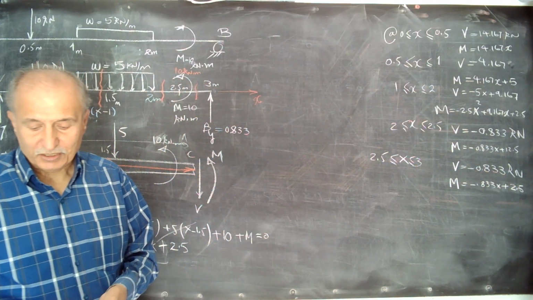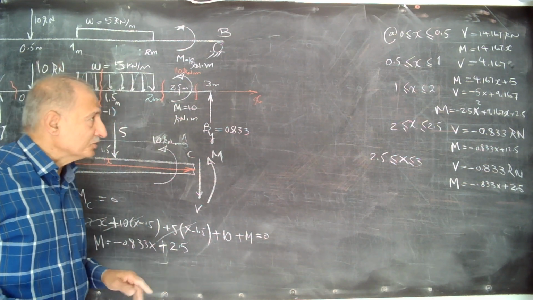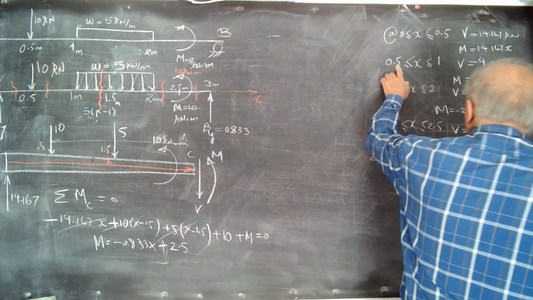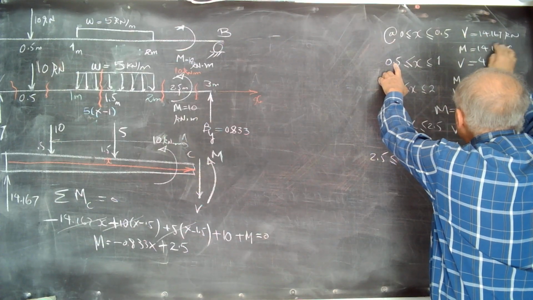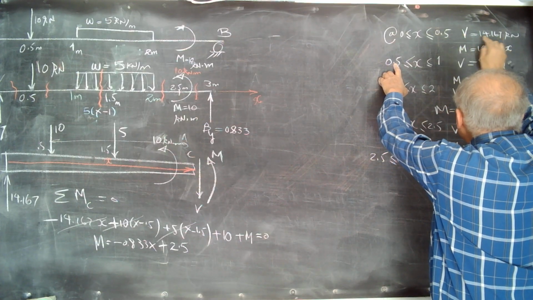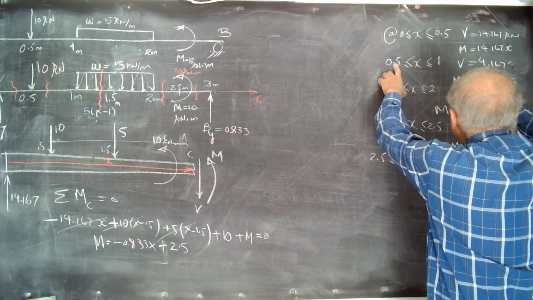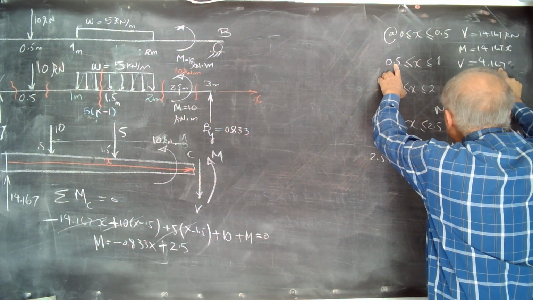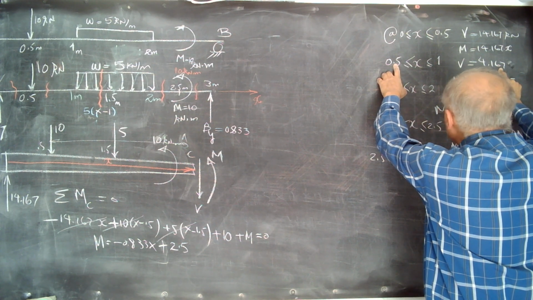If you want to check that you didn't make a mistake during calculations, you can check them at the border. For example, at 0.5, we must get the same value for V and M in both. If it is 0.5 here, it doesn't matter, V is constant here. And here, V also at 0.5, we have a 10 kilonewton force, so there is an abrupt change due to 10 kilonewton.